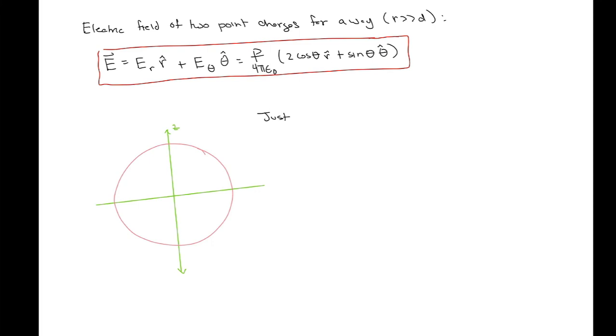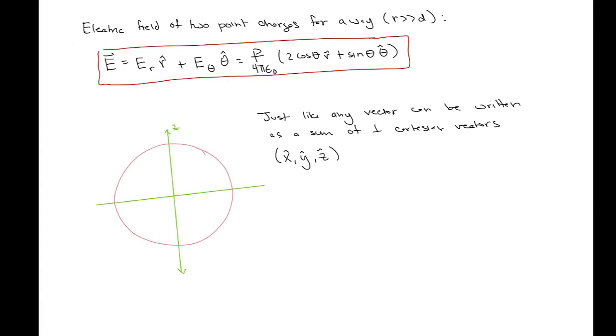But just like any vector can be written as a sum of perpendicular Cartesian vectors, so that would be x hat, y hat, z hat, you can write a vector as a sum of perpendicular r hat, theta hat, phi hat.